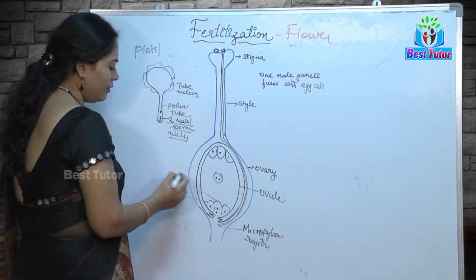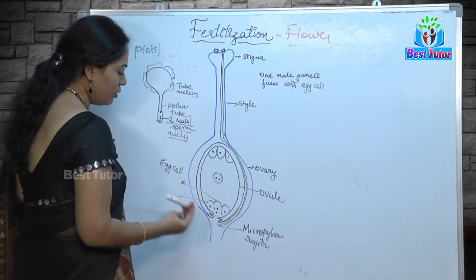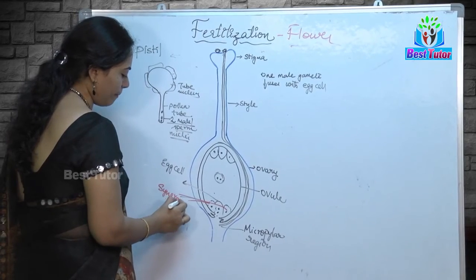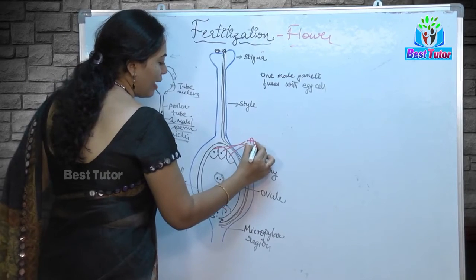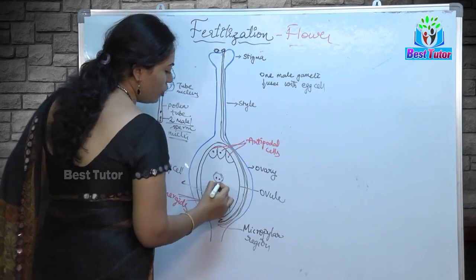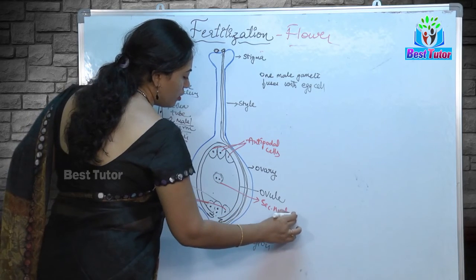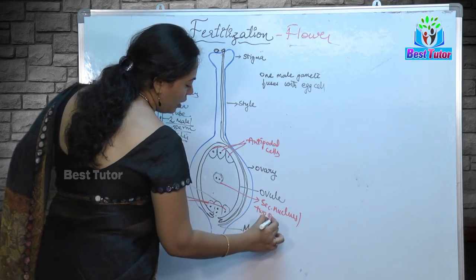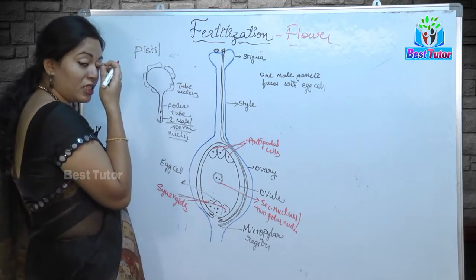This is the egg cell, and these two are synergids, and these 3 are antipodal cells present in the ovule, and at the center we have the secondary nucleus or 2 polar nuclei. So we are clear with the structure of the ovule.